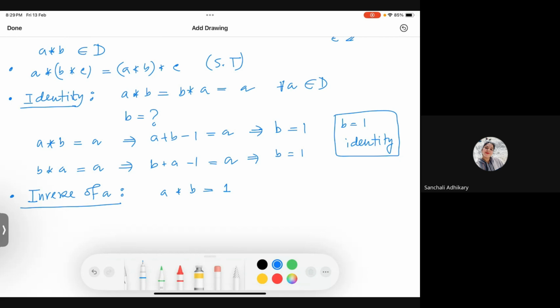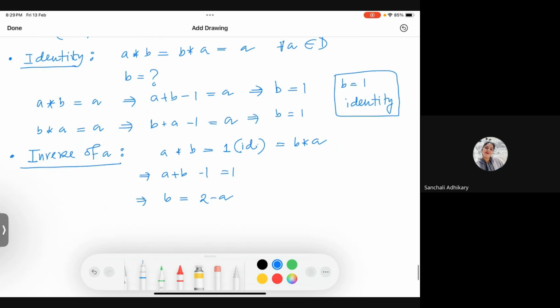Since 1 is the identity element. So now A star B, this is also equal to 1. So from here, B is equal to 2 minus A.